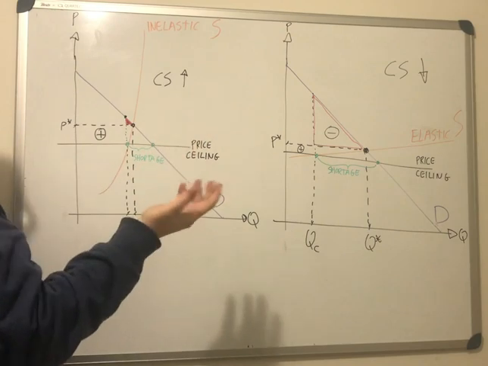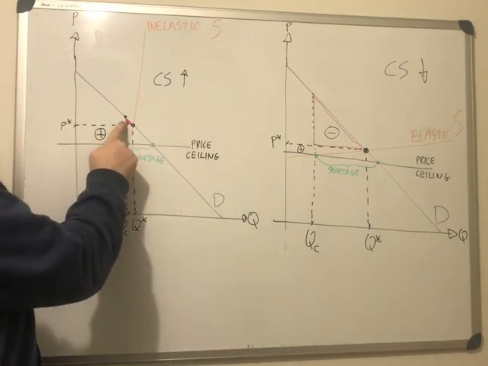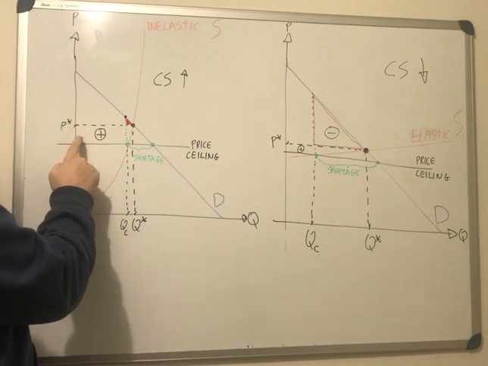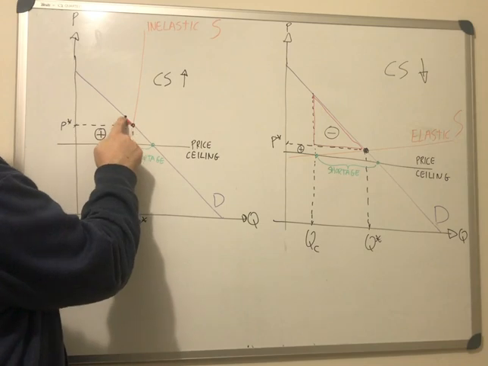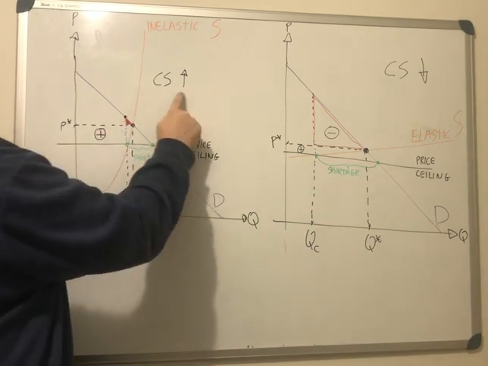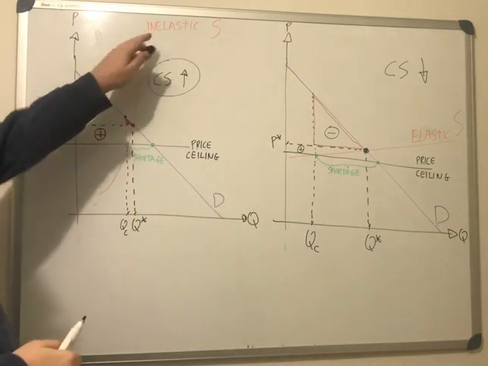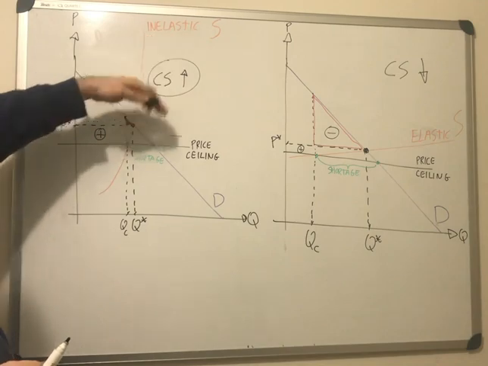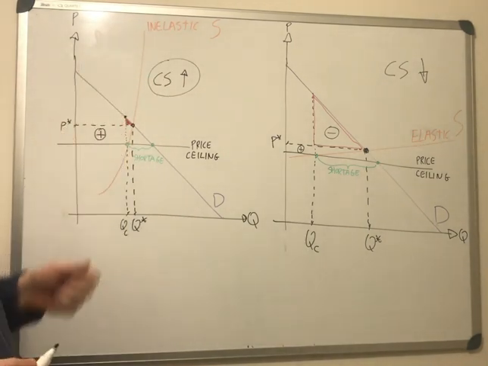So in comparing with the previous area, we have extra this rectangle, okay, and we lose this red triangle, this little triangle here. So what we gain is more than what we lose, and therefore the consumer surplus is going up. So if the supply is relatively inelastic with respect to the demand, the consumer surplus actually goes up.